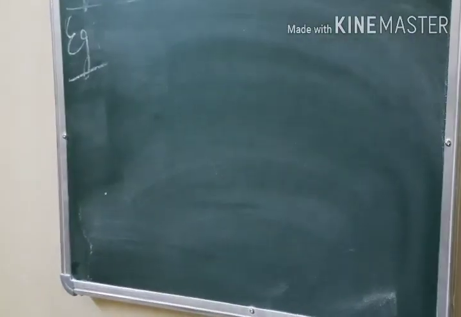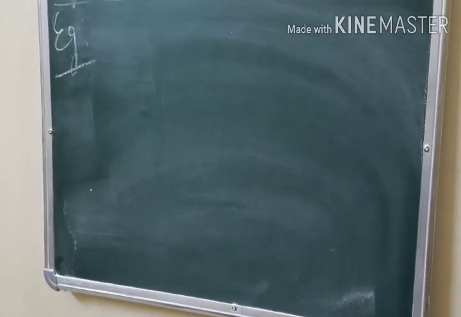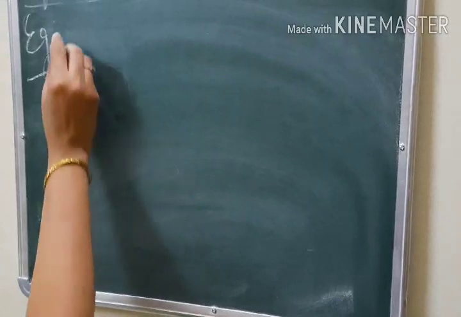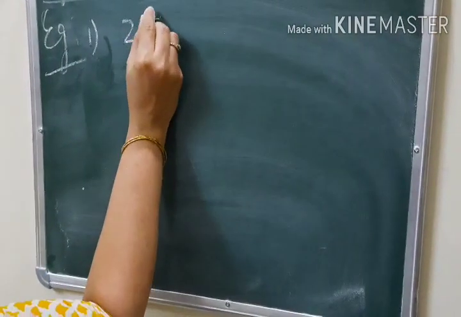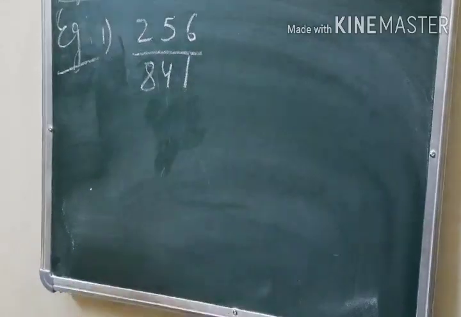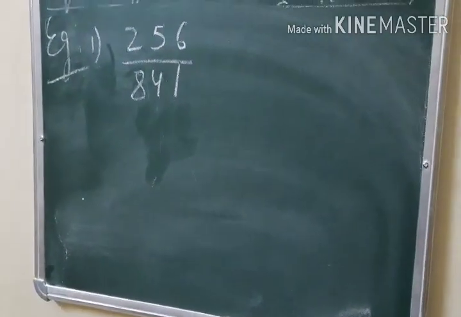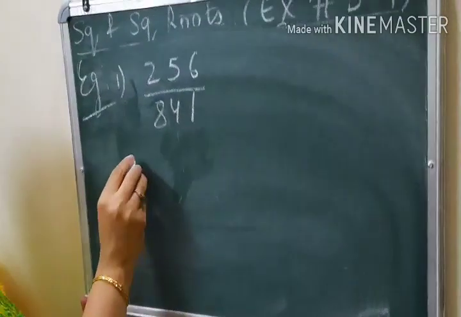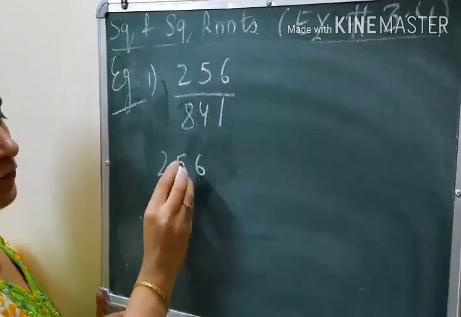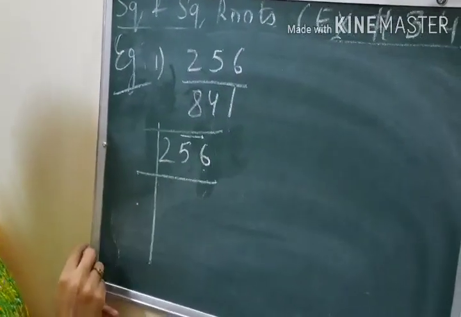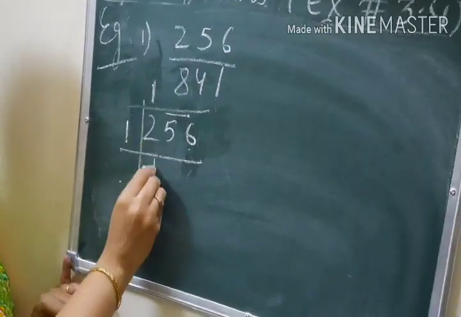Example number 8. Example 8 is find the square root of 256 upon 841. This is the number. Now as 256 and 841 are there, we'll find both the square roots. First we'll find the square root of 256. Do the pairing. The first number is 2. So 1 1s are 1.